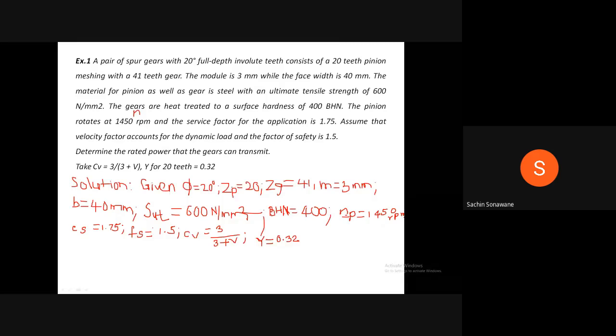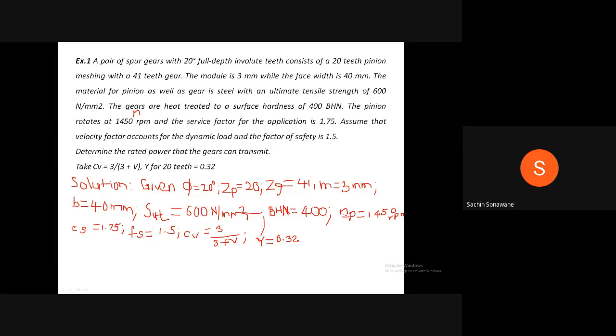Given data: pressure angle phi is equal to 20 degree. Number of teeth on pinion ZP is equal to 20. Number of teeth on gear ZG is equal to 41. Module m is equal to 3 mm. Face width b is equal to 40 mm. Ultimate tensile strength SUT is equal to 600 Newton per mm square. BHN is equal to 400.